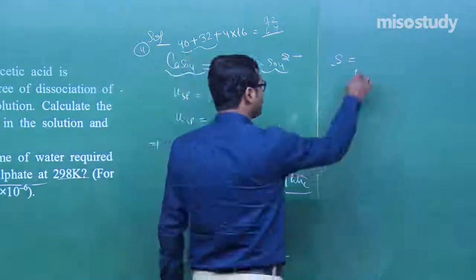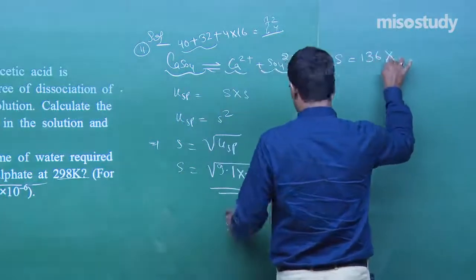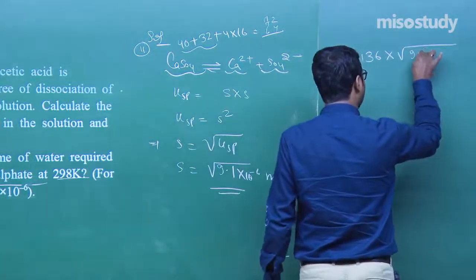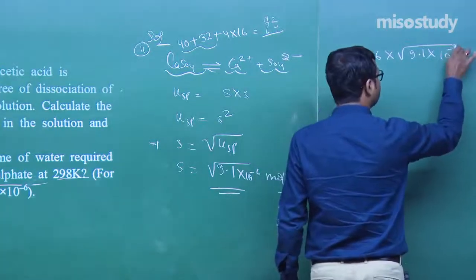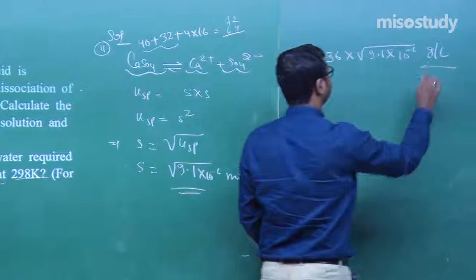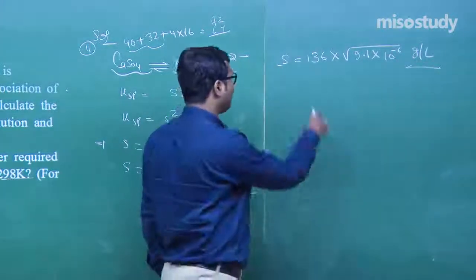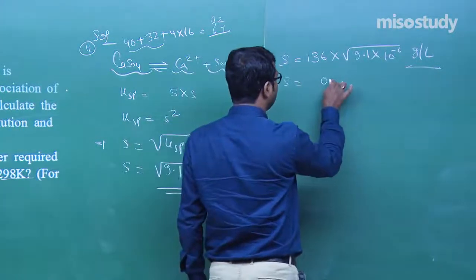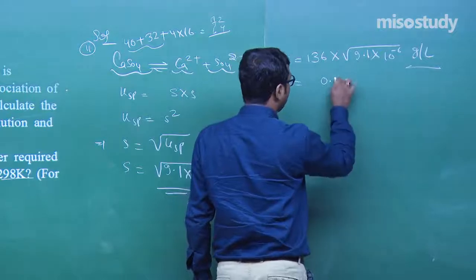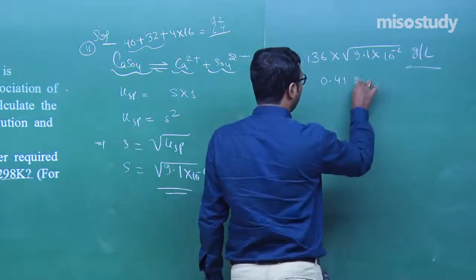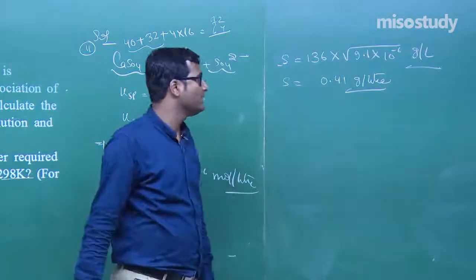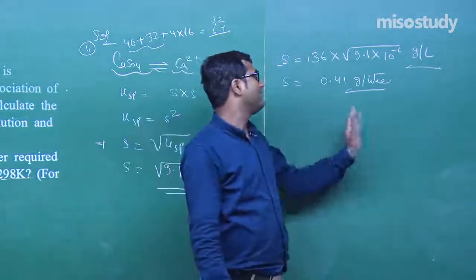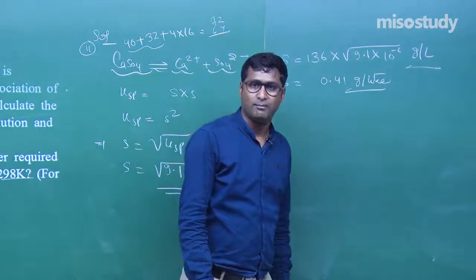Okay, so S is equal to 136 multiplied by root under 9.1 into 10 to the power minus 6 gram per liter. Clear? Now after solving, what we get is the value 0.41 gram per liter. This is rough data, you can solve this one, it's so much easy. So we are just predicting the value will be around 0.4 gram per liter.